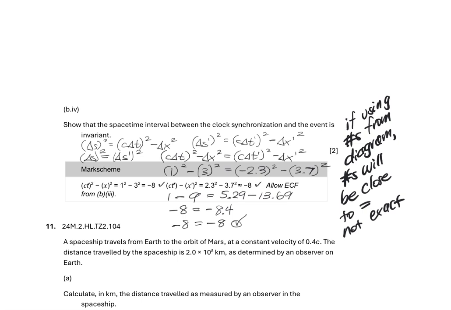I'm sure that is perfectly fine for the reader, because that is the way to do it. It even says allow error carried forward from B III. So even if you had a crappy diagram and misread it, they allow error carried forward, so I wouldn't sweat it.